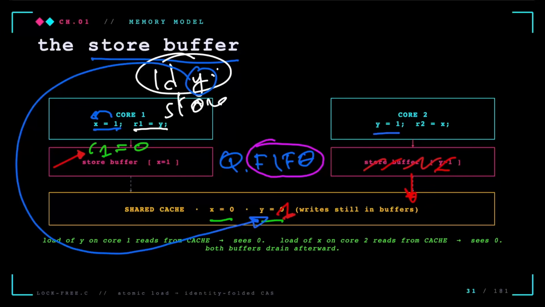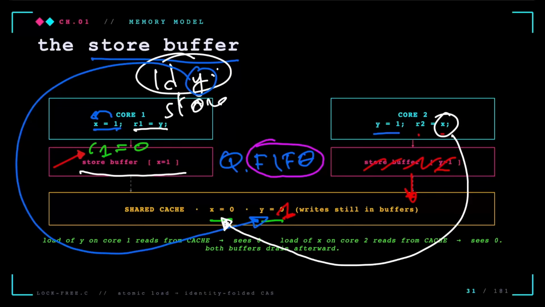But what we're going to do is set R2 to X. And again, we're going to load the value of X. And this one is still in the queue, and it hasn't been drained. So we're going to read 0 because that's what's in the cache. And so we're going to emit R2 equals 0. And eventually we're going to end up with R1 equals 0 and R2 equals 0 in the cache. And so this is an example where essentially sequential consistency has been violated, thanks to the store buffer.